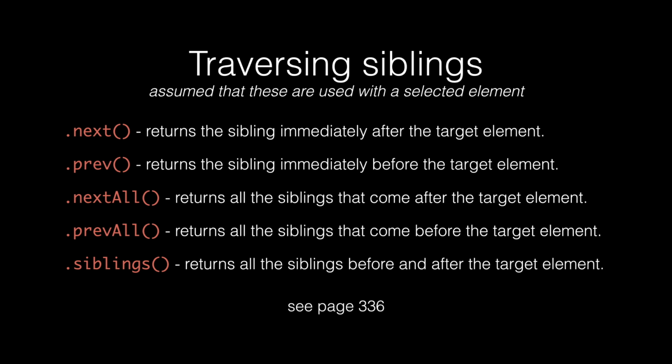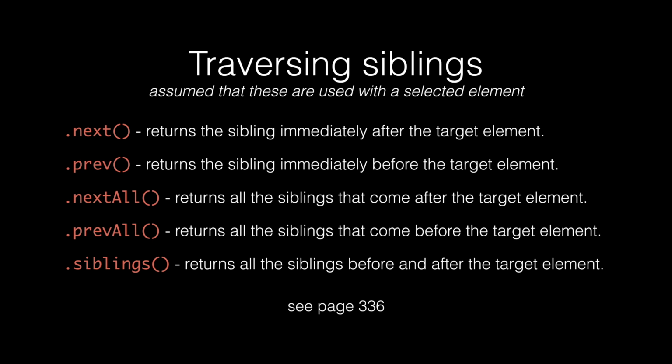Elements directly inside of body are siblings of each other as well. So when we're talking about traversal, what we're talking about is moving around that tree, moving side to side between siblings, moving up the tree to ancestors, or moving down deeper in the tree to descendants.